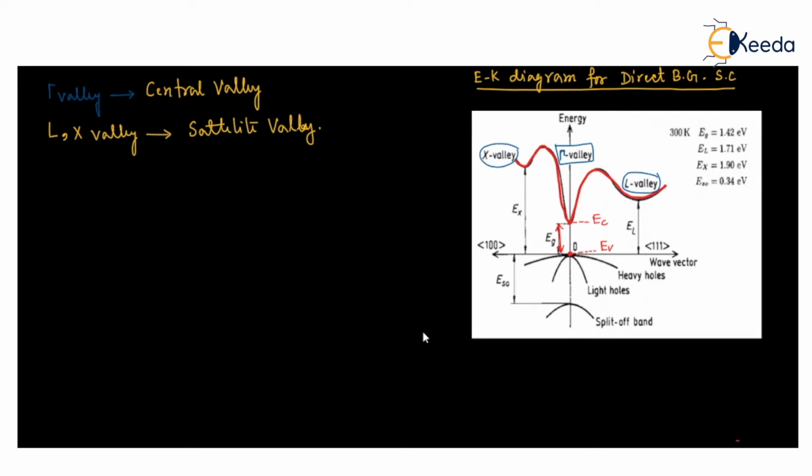So from the central value, if I draw it, the conduction band looks like this. This is the conduction band, where these are the satellite values. This is my L value, this is my gamma value or central value, and this is the X value.